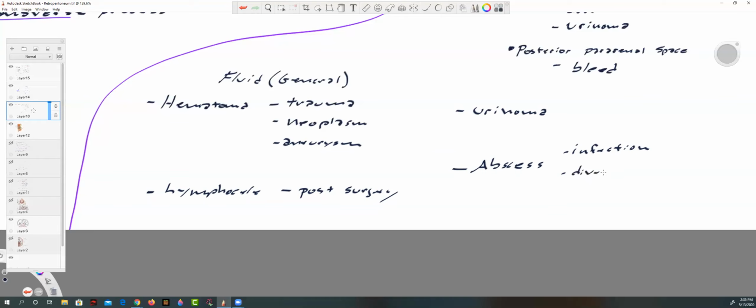So diverticulitis, Crohn's disease, that too. Remember, the Crohn's disease is a large intestine that is in the retroperitoneum. And like I said before, possibly an appendicitis, an appendix, if it is retrocecal.